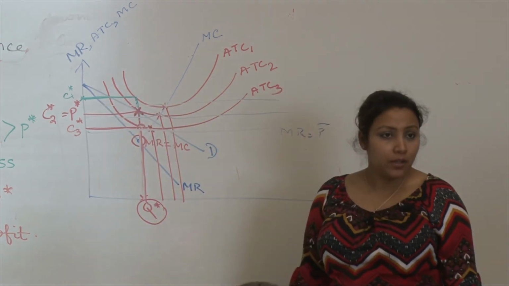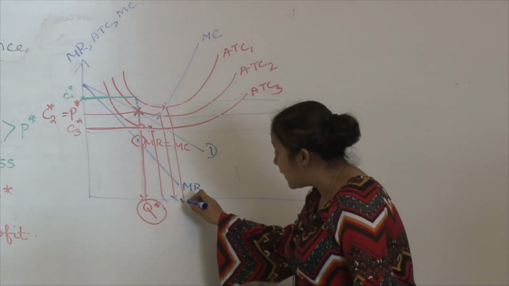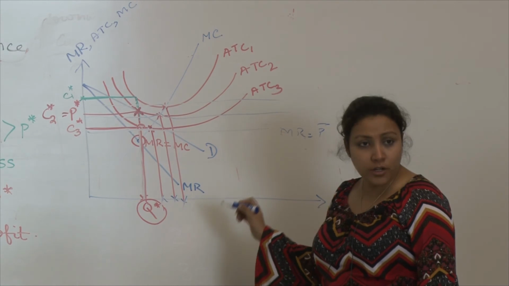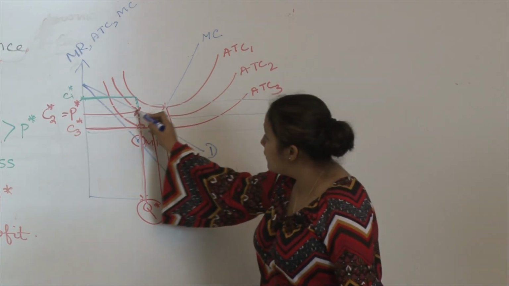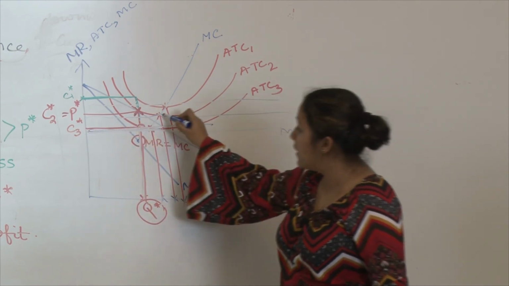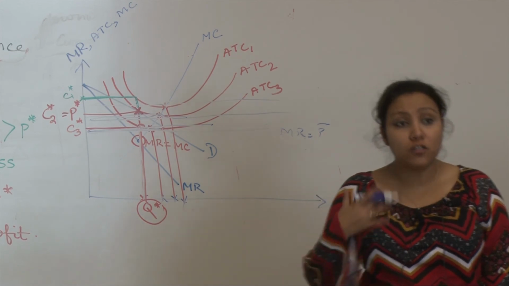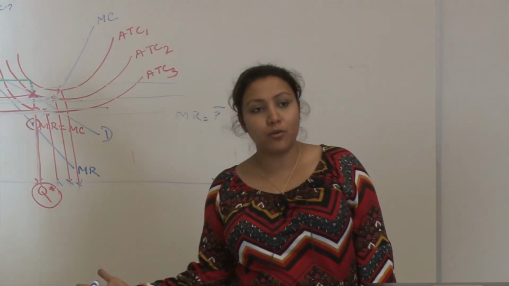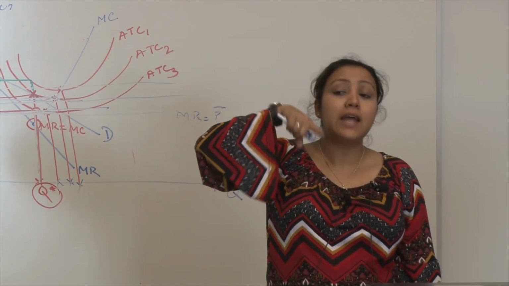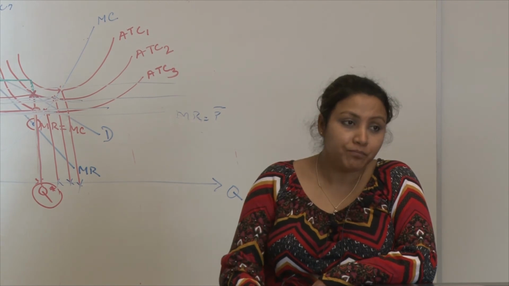So, for perfect competition, I would have quantities that are higher, the cost minimizing quantity. But the price, please note, would have been lower in that case. So, in perfect competition, it is possible to produce a higher quantity yet charge a lower price than monopoly. And that is why the monopoly is inefficient compared to perfect competition.